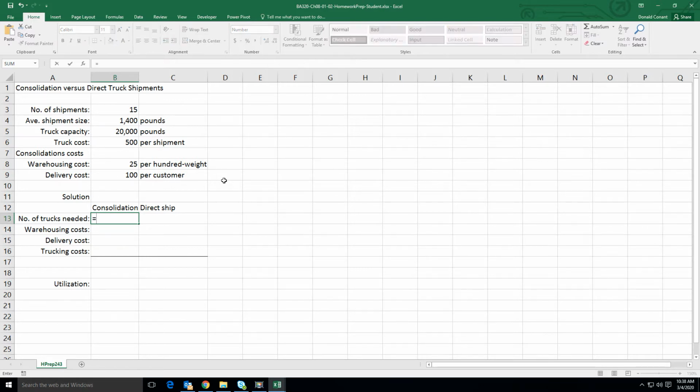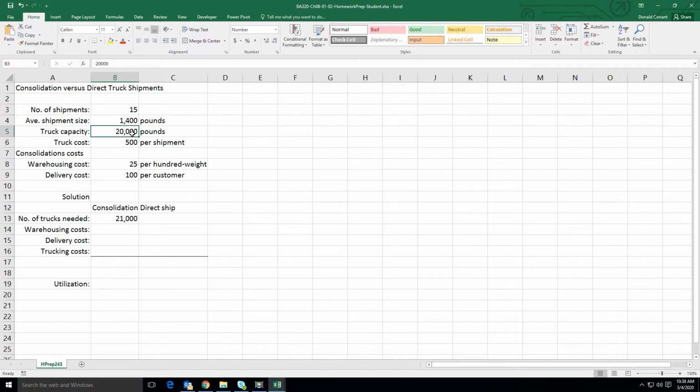First of all, I'm going to calculate the total number of pounds to ship. I have 15 shipments that average 1,400 pounds apiece. That leaves me with 21,000 pounds to ship.